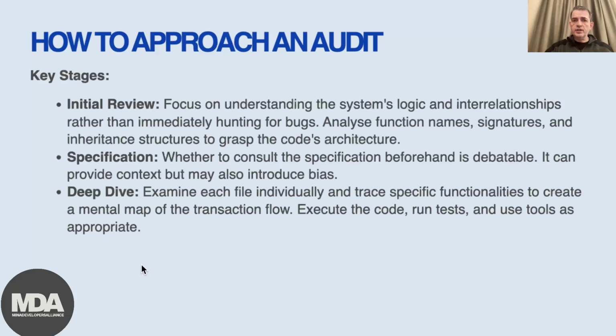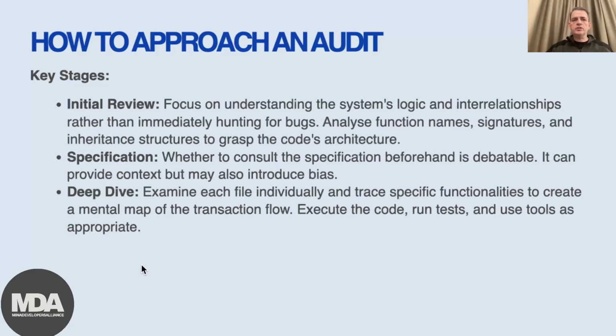Look at function names, function signatures, and the structures to try to get an idea of the architecture of the code. Now, there's a question about whether you want to consult a specification. I think on the whole this is worth doing, but you should bear in mind that there could be errors also in the specification, so do be a little skeptical about that.